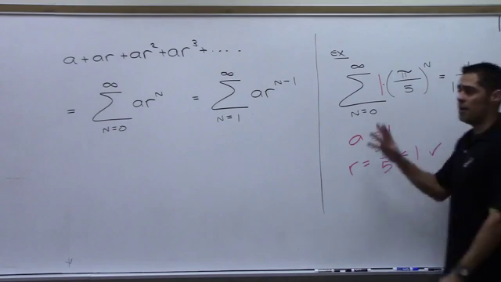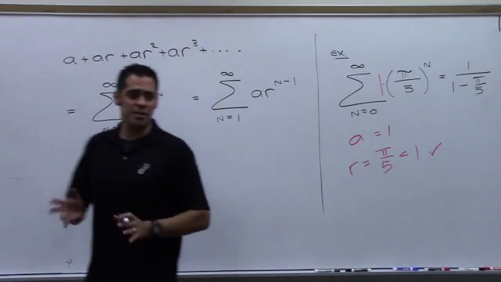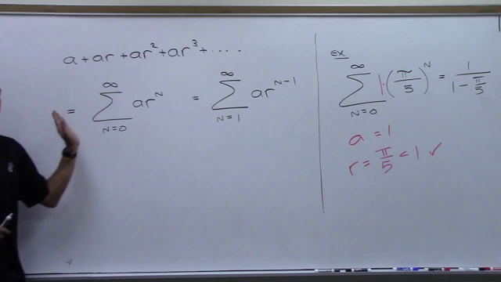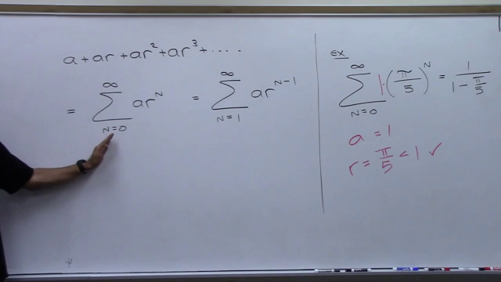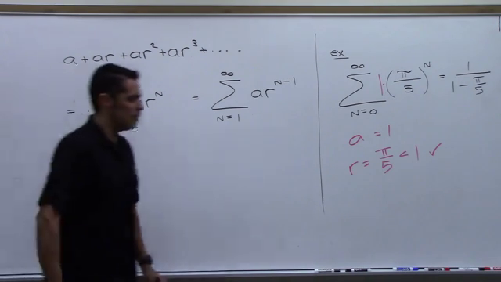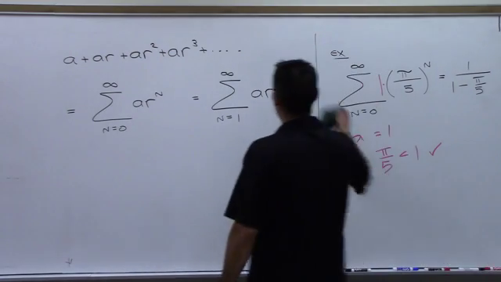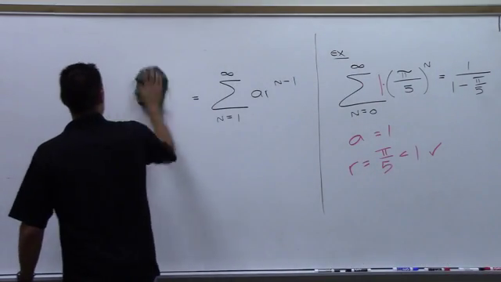The moral of the story here is to be prepared to see geometric series given to you in two different formats. Yes? What if it has n equals 0 as our index, but n minus 1 on the exponent, is that going to just be automatically null or forward? Let's see.